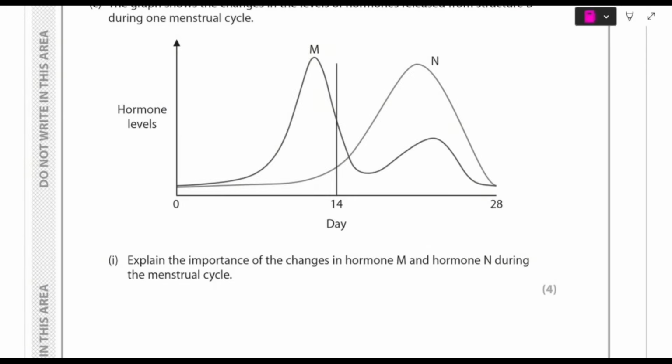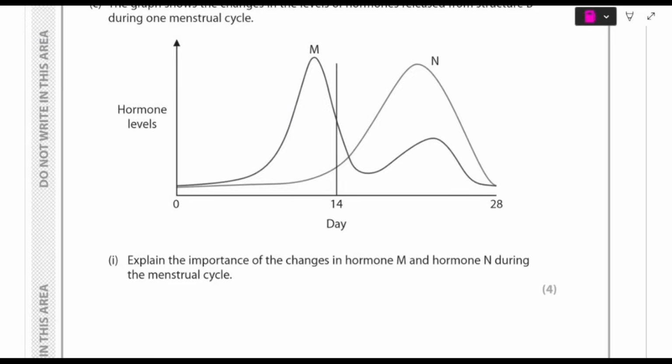This is a simple way to find out because at day 14 we know there is a high hormone level of LH. So LH is the mid-cycle hormone release.